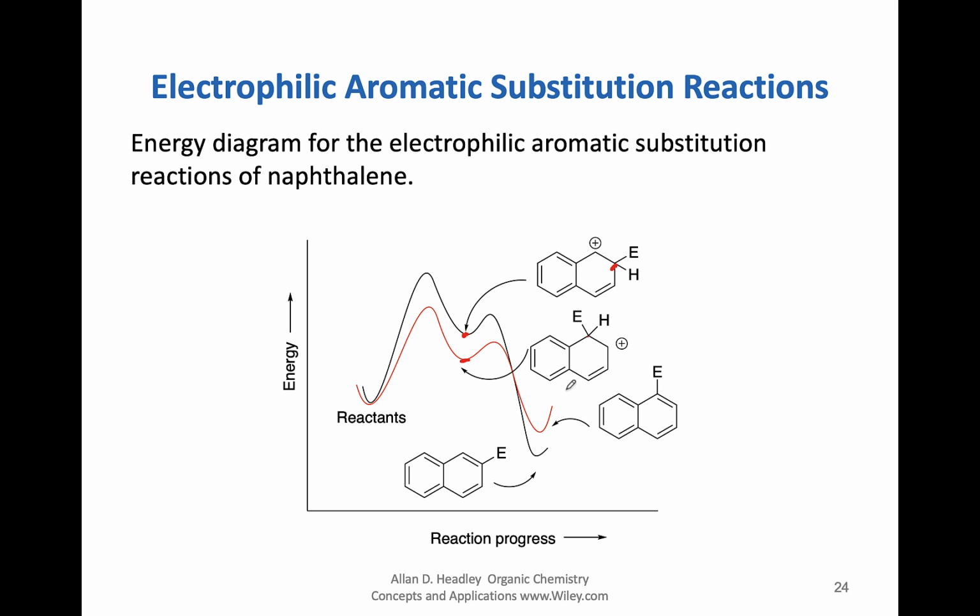So this intermediate here is more stable than this one as illustrated here. Let's look at the product. So this product here is more stable because with this electrophile there's no real steric interaction between these hydrogens, whereas this product here is not as stable because there is steric interaction with that hydrogen.